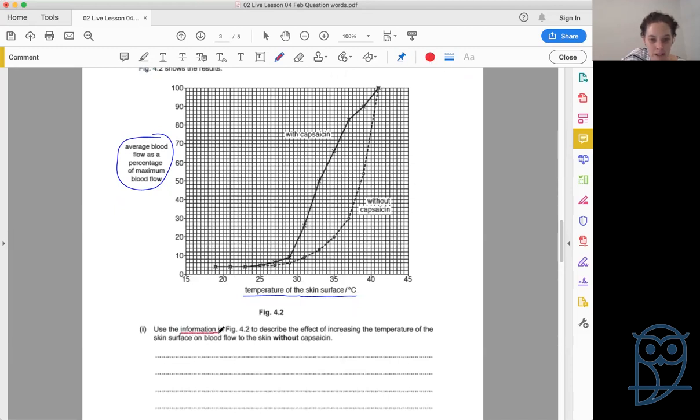Right, information in figure 4.2, describe, without capsaicin. Okay, so we are only dealing with this curve here. We're not bothered by the other curve, we are just describing one curve.